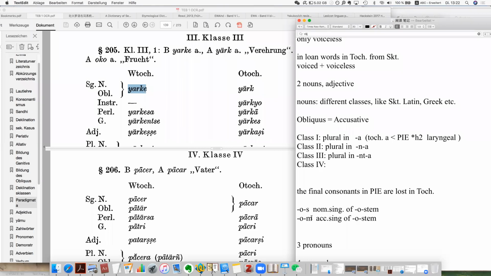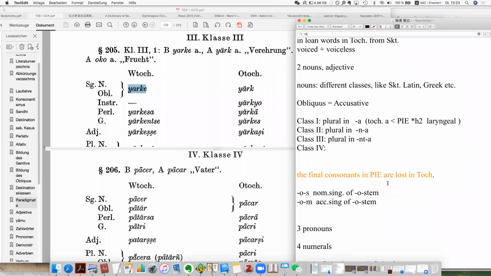And then this is a very important sound change in Tocharian. I highlight it: final consonants in Proto-Indo-European are lost in Tocharian. So if these consonants are lost, you cannot tell the difference between nominative and accusative, right?